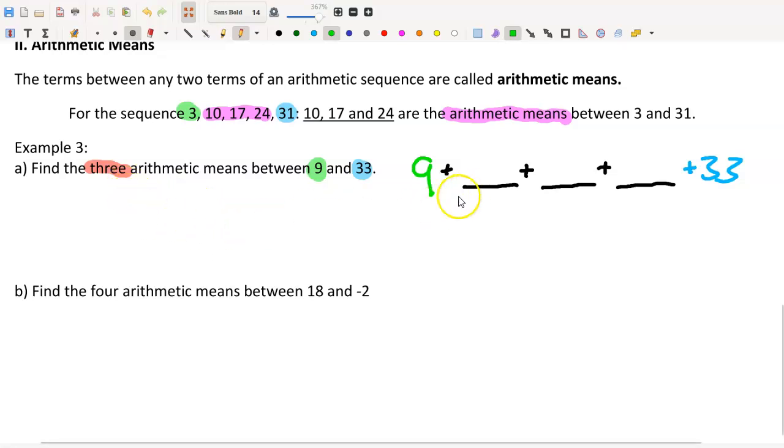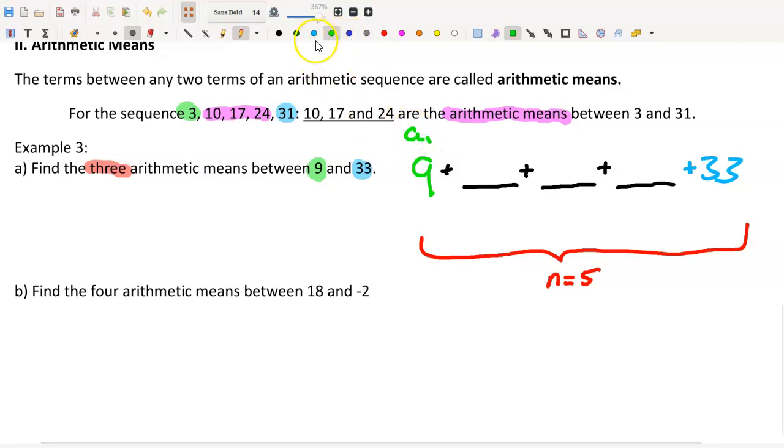So if we have n, that's what this is: how many terms total, which is not 3, but we have the 3 we're trying to find, and we also have the first and last. So total, we have n equals 5, our first term a1 is 9, and our last term is 33.